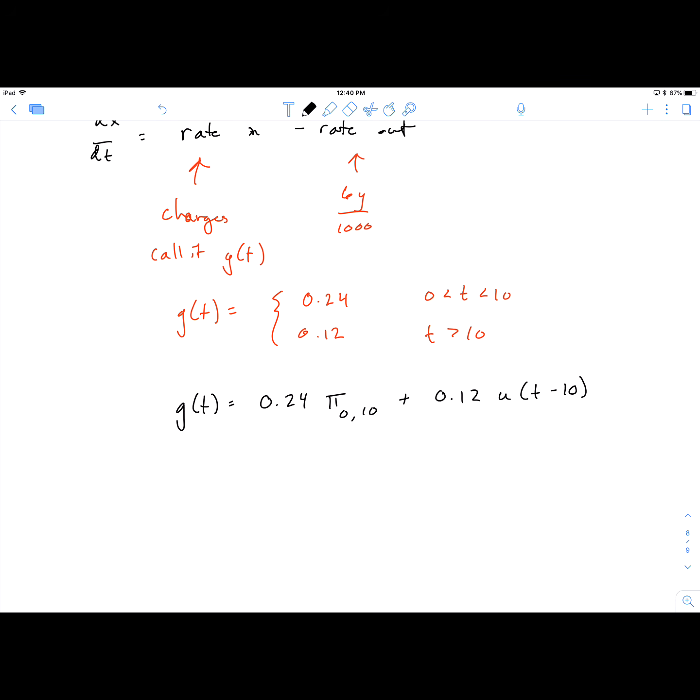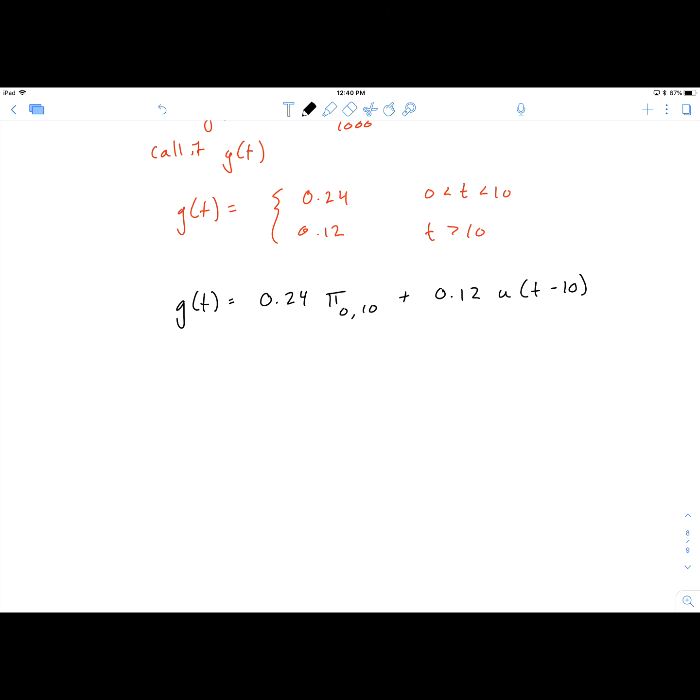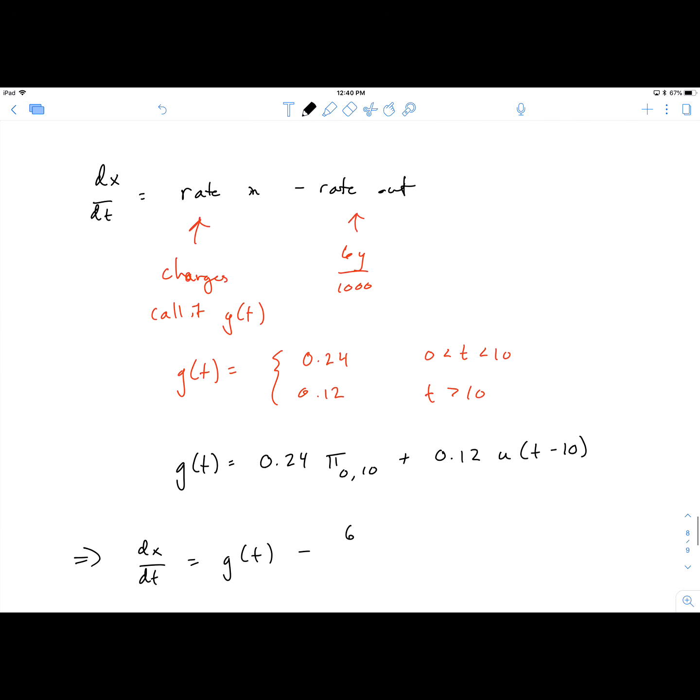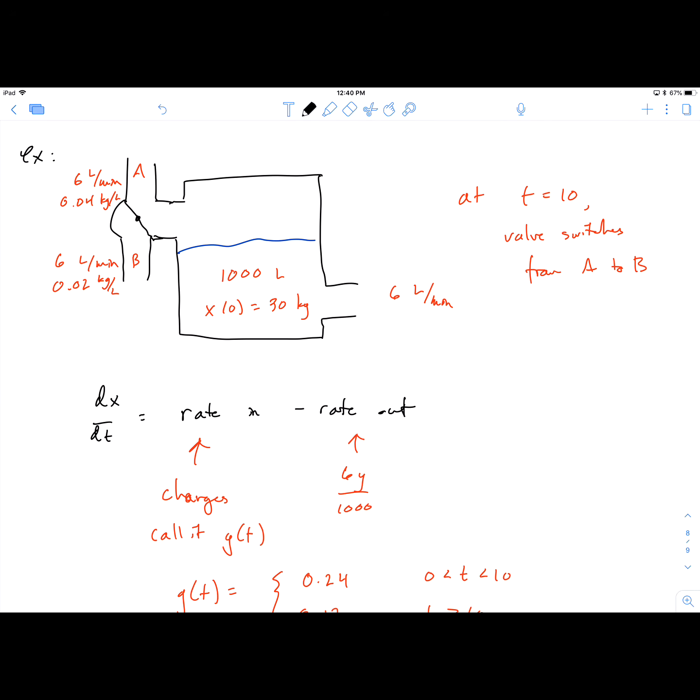So our differential equation ultimately looks like dx/dt equals the rate in, which we're calling g of t, minus the rate out, which is 6y over 1,000, or 6x.